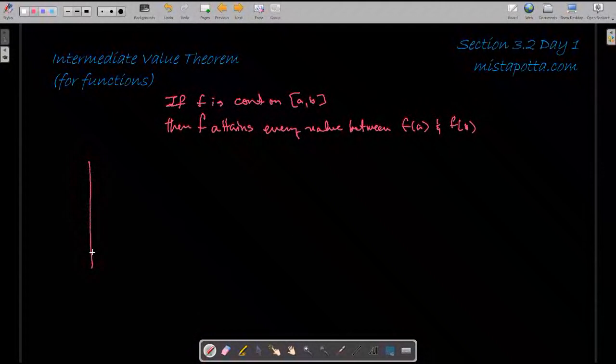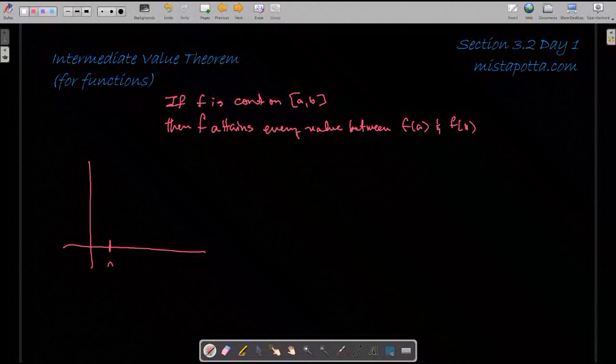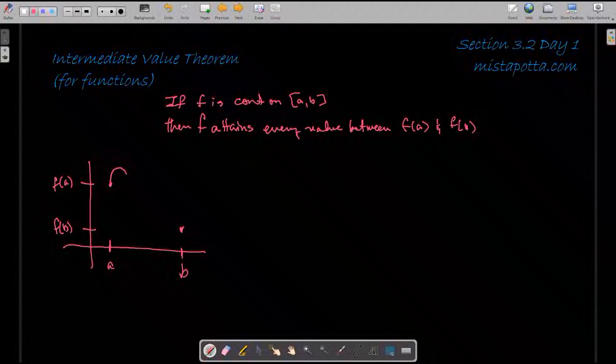In other words, if I know that my function is continuous everywhere between a and b, then I know that no matter where f of a is, and no matter where f of b is, every value between f of a and f of b gets hit at least once by my function, even if I go outside the bounds of this.